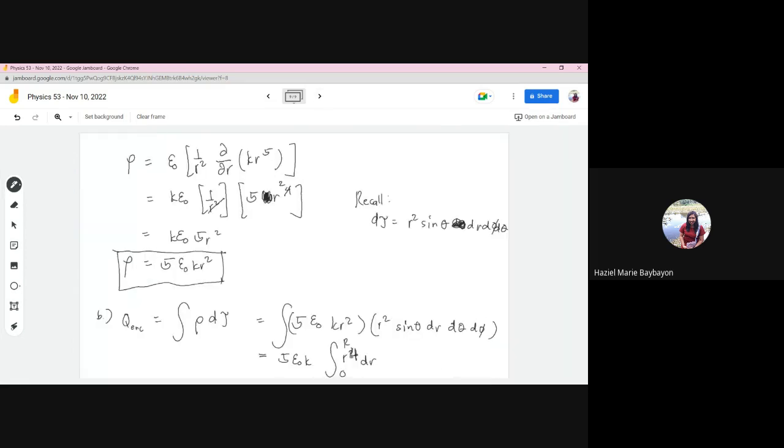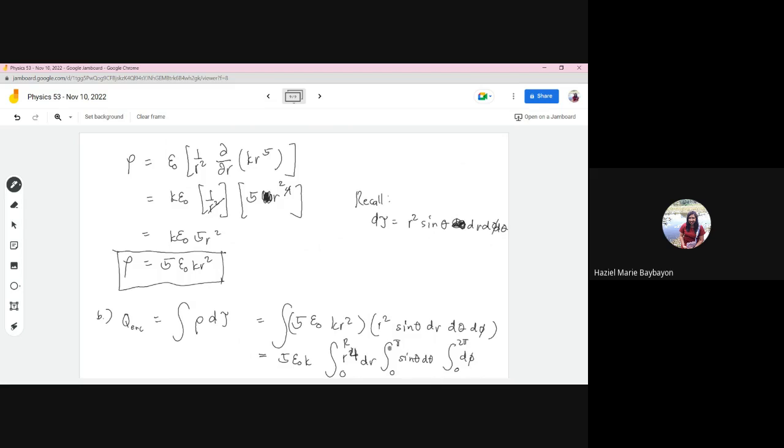Okay, so you have 0 to R, and then sine theta d theta integrated from 0 to pi, and then d phi from 0 to 2 pi.